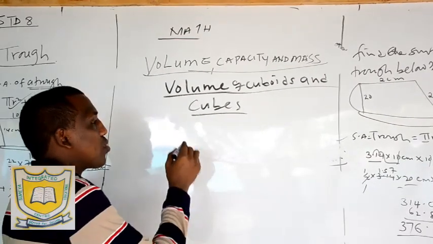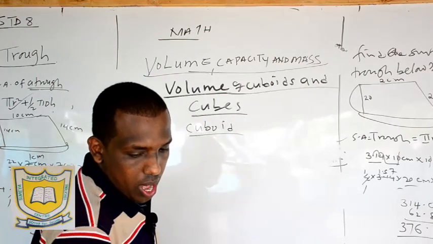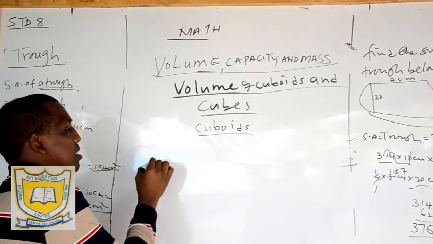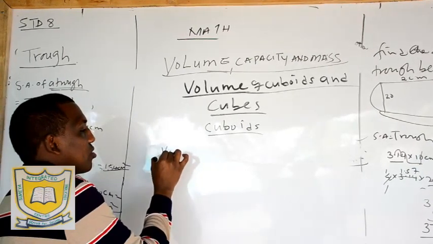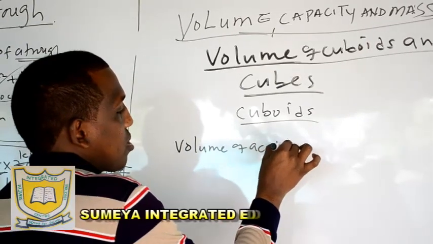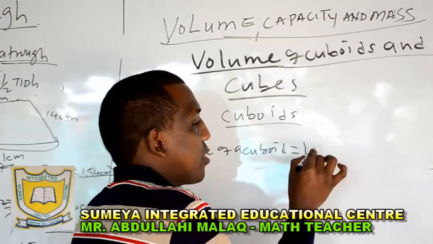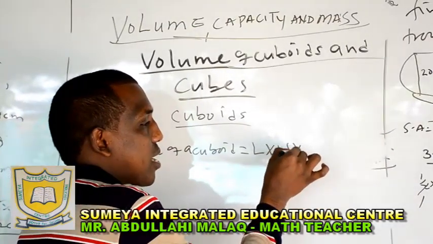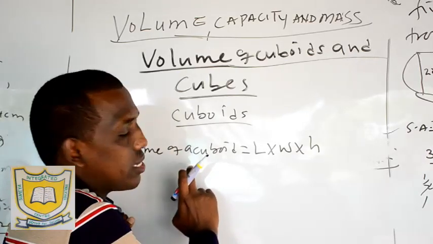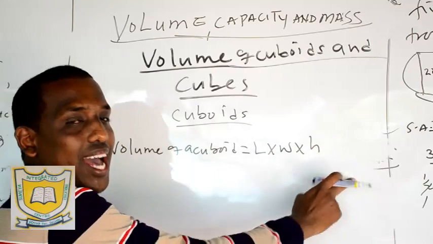Let us go to cuboids now. The volume of a cuboid is equal to length times width times height. That is how we get the formula.